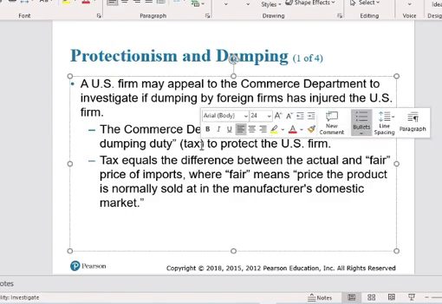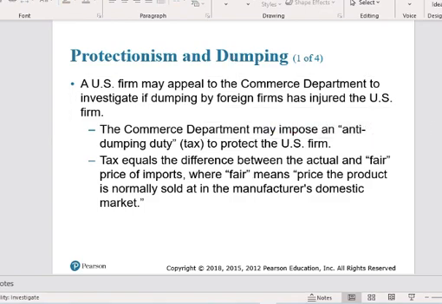If the case is established, what will the Commerce Department do? They will put a penalty, like a tax or a special tariff on that product, to make sure the price once the product arrives in the US will be at a fair price.